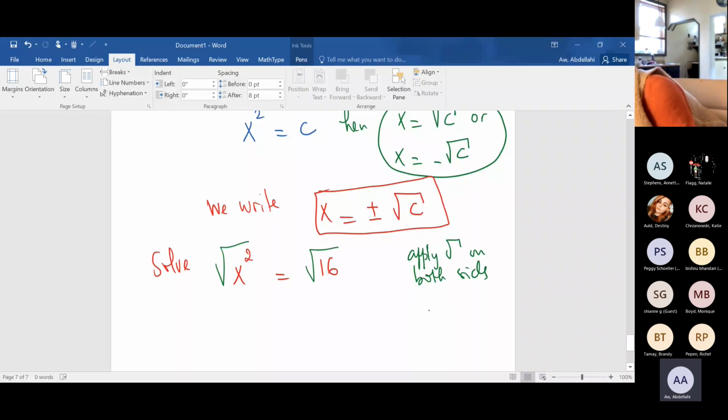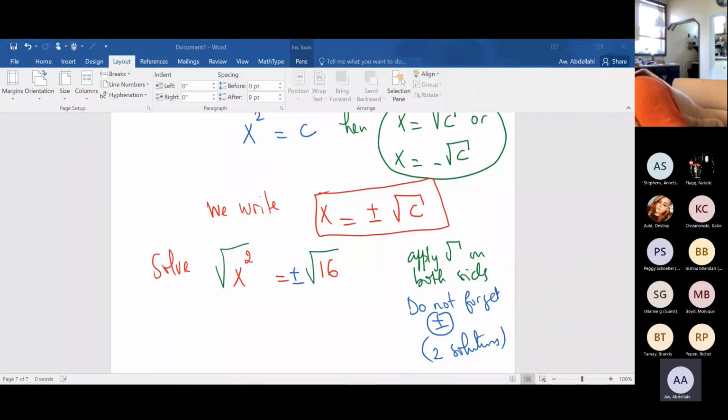And then, very, very important, do not forget plus or minus, because we have 2 solutions, right? Always 2 solutions. So I put plus or minus. Everybody see that? Applying the square root, I think everybody will remember that. Just don't forget the plus or minus. Apply the square root, but do not forget the plus or minus, right? Because we always have 2 solutions, not 1, but 2. All right?